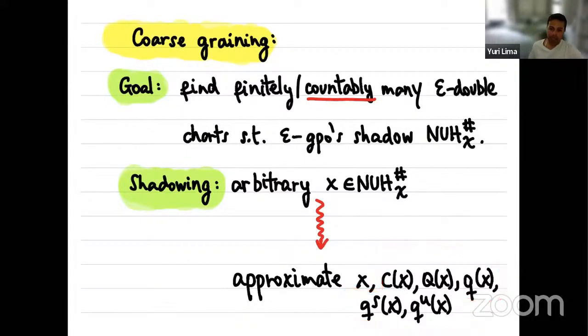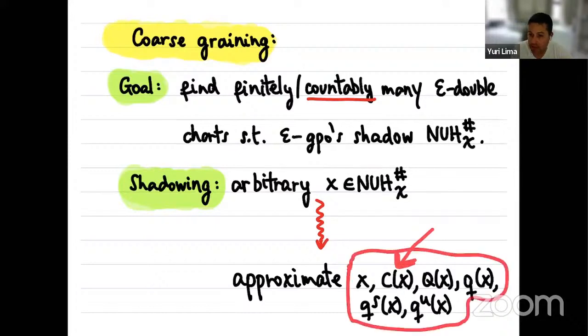Okay, and now because I'm allowing any non-uniform hyperbolicity to hold, in the sense that these guys here can be arbitrarily large, I will actually consider a dense subset of points that approximate all of these guys.